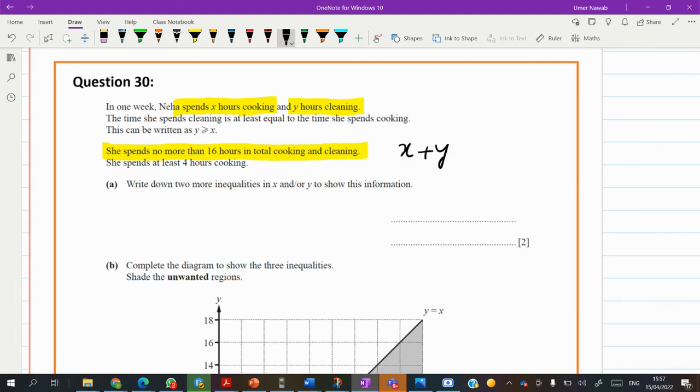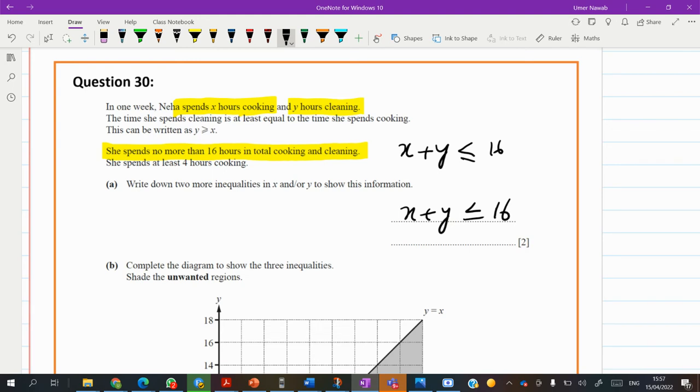So the total time is X plus Y, and he said it is not more than 16. So the total time of cooking and cleaning should be less than or equal to 16, because not more than 16 means it should be less than or equal to 16.